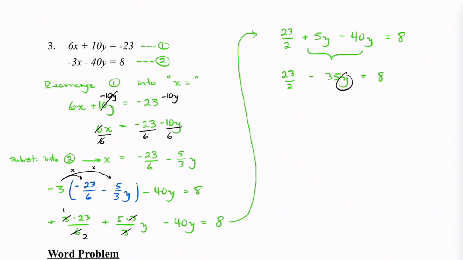And again, we're trying to get this y by itself, so let's minus this 23 over 2 from both sides. These will cancel on the left, so I just have minus 35y equals, and then these two I can't subtract them, I need a common denominator. So picture the 8 as 8 over 1, but we need this 1 to be a 2.